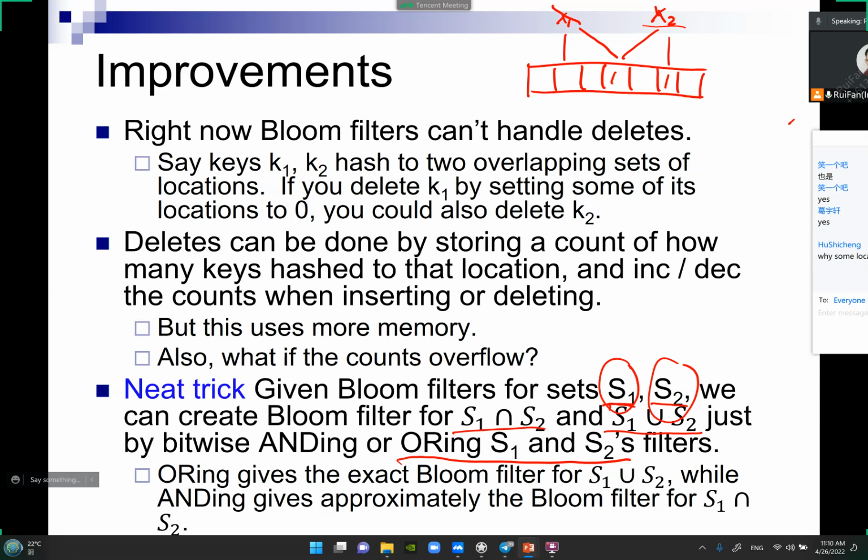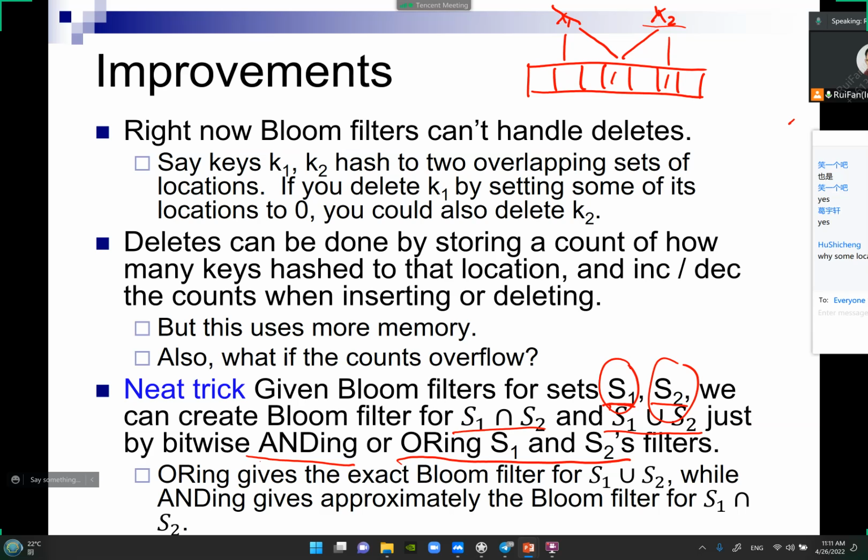And if you want to do S1 intersect S2, then you can take the Bloom filter for S1 and for S2, and you can AND them together. That's not going to produce exactly the Bloom filter for S1 intersect S2. If you AND them together, you're going to get something which is approximately like the Bloom filter for S1 intersect S2.